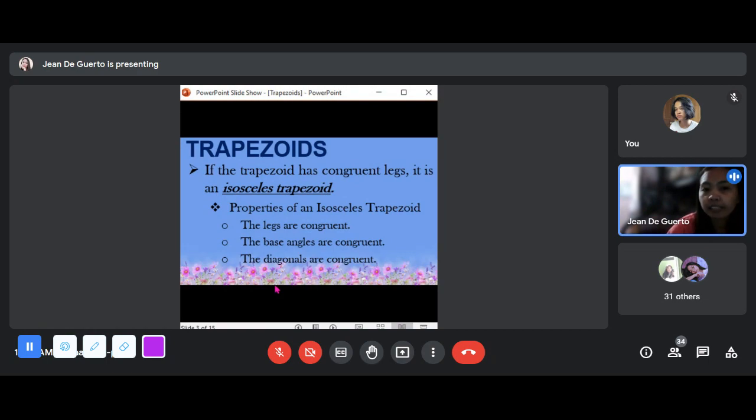Likewise, the two pairs of consecutive angles which are not base angles are supplementary. The two consecutive angles of an isosceles trapezoid are supplementary provided that they are not base angles.